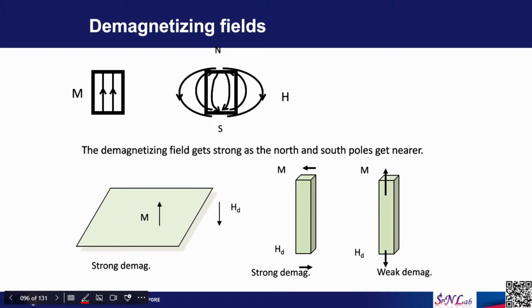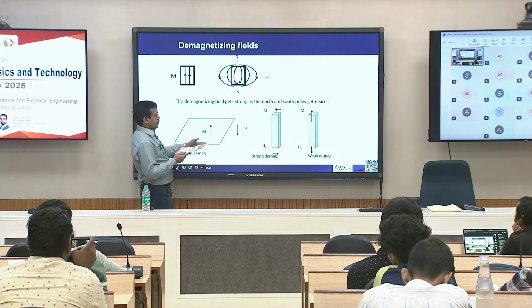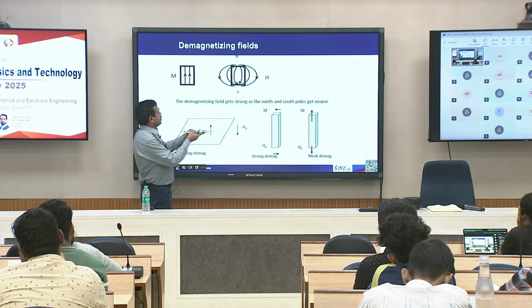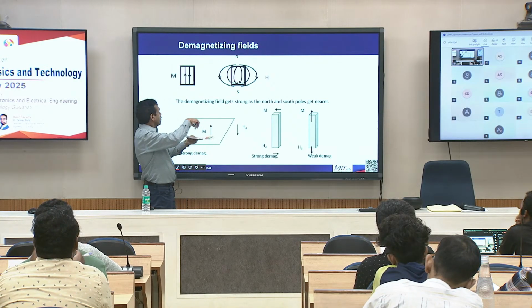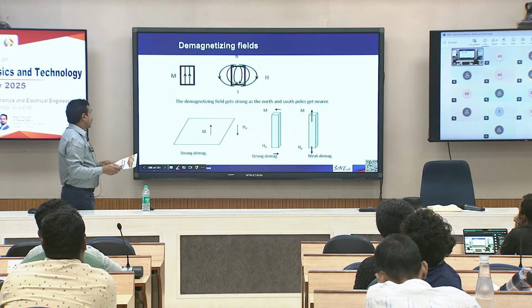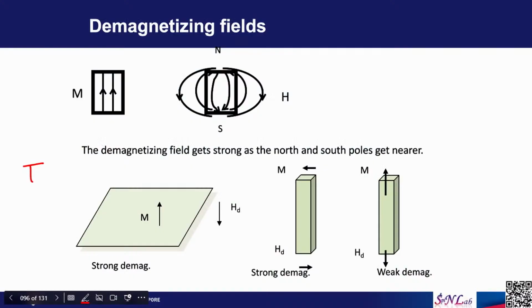So, if you take a piece of paper like this, then when you try to apply magnetic field along this direction, since the demagnetizing field is very large along this direction, magnetization usually does not stay in the perpendicular direction. And, let us say, I mean this example is very useful when you look at thin films.